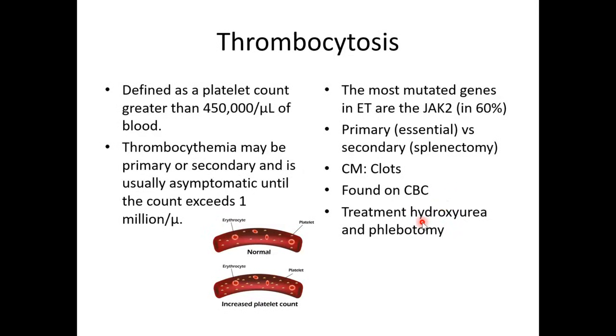The myelosuppressive agent hydroxyurea, which we have talked about, is the drug of choice to prevent the proliferation and overproduction of platelets. And somebody can have phlebotomy. If their platelets are too high, they can just get some blood drawn and thrown out, and that could help as well.